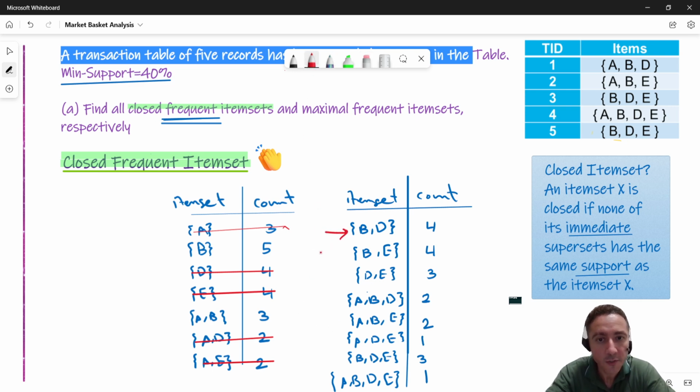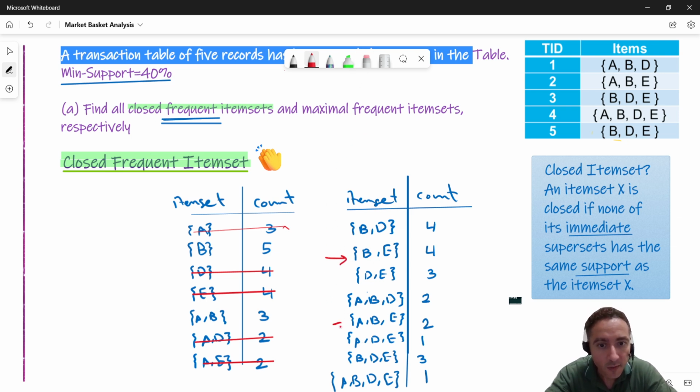I think you should have the idea, so you actually can go faster, but I have to speak each one of these. So BD, the immediate supersets for BD would be this one and this one. Do any of these hold the same support count? No. Then this is a closed item set. So we keep going, you keep repeating the same thing.